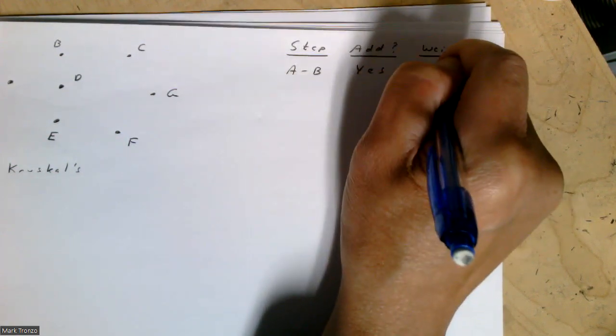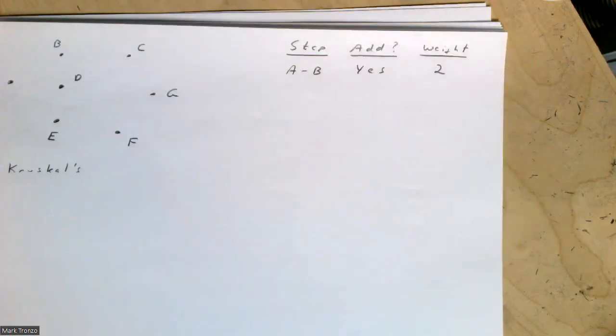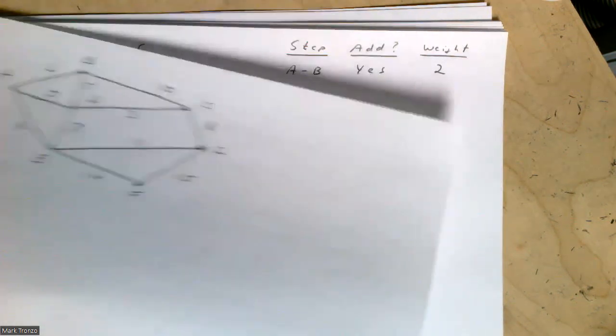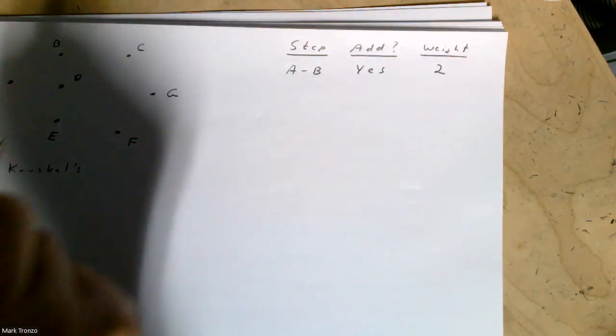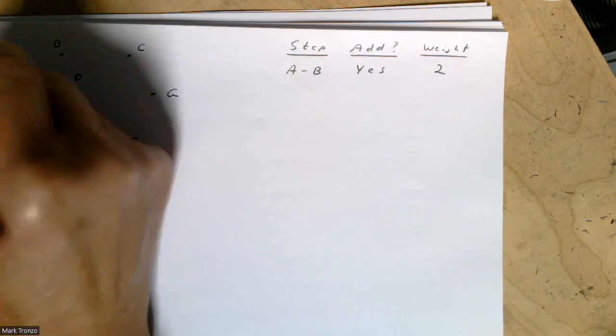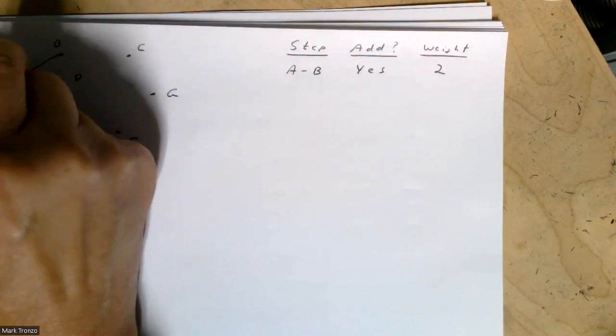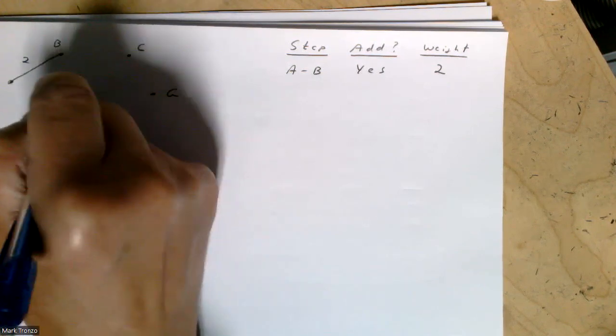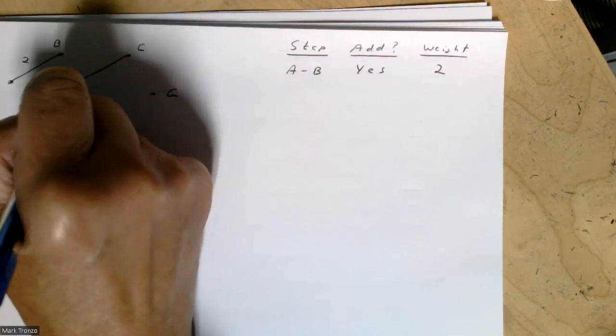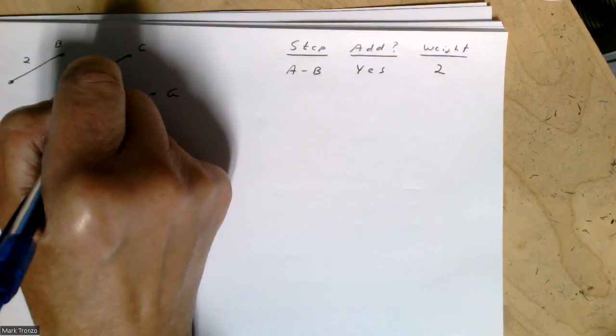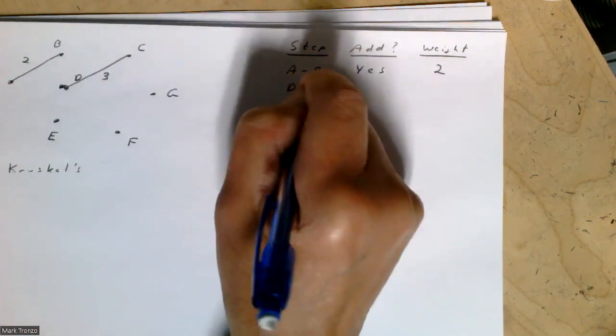Yes, we're going to add that. It's going to give us a weight of 2. So we're going to add BC. B was 2. BC was 3.